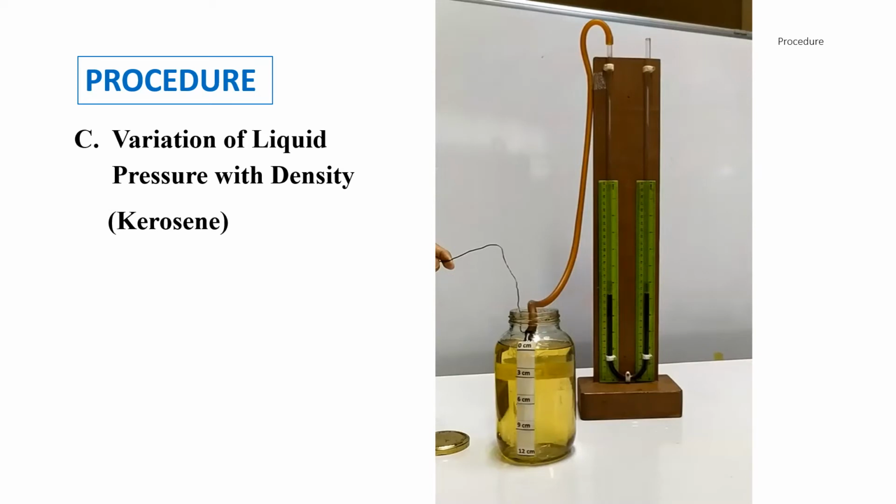Now part C, variation of liquid pressure with density. For this time, let's have the kerosene. At 0 centimeter mark, at 3 centimeter mark, now dip to 6 centimeter mark. So this time the probe is again positioned upside down.